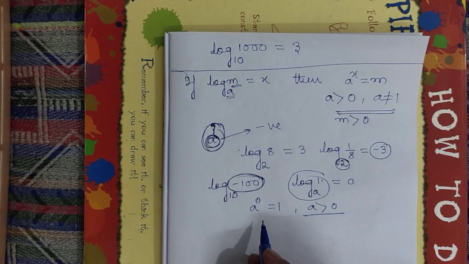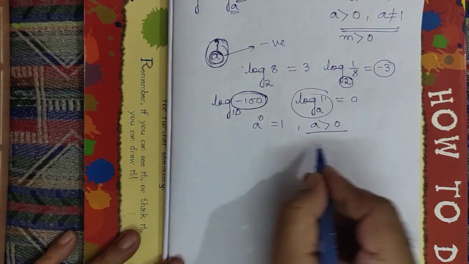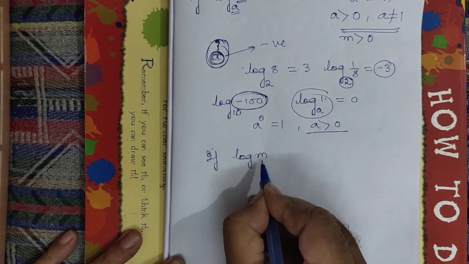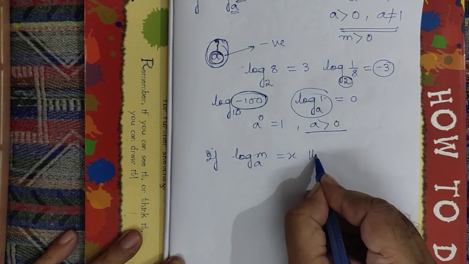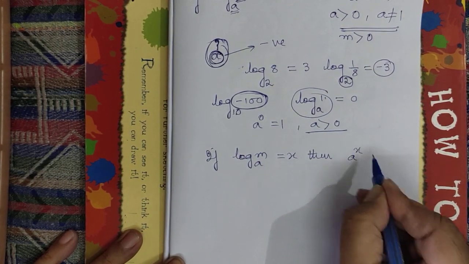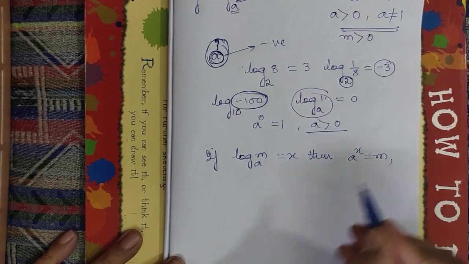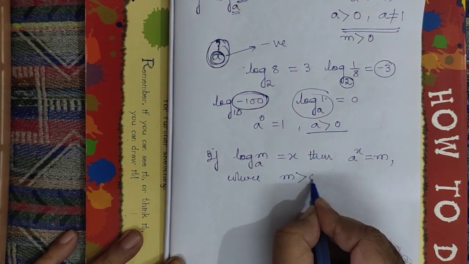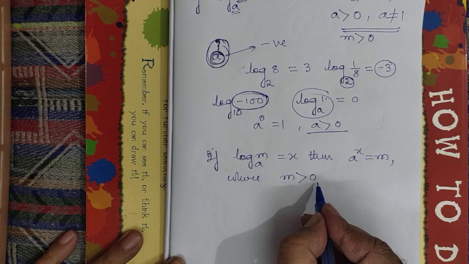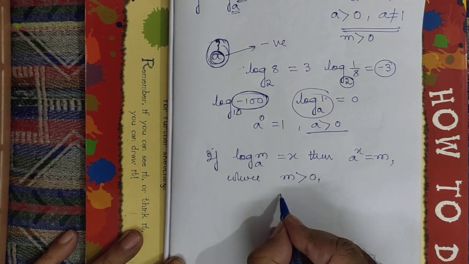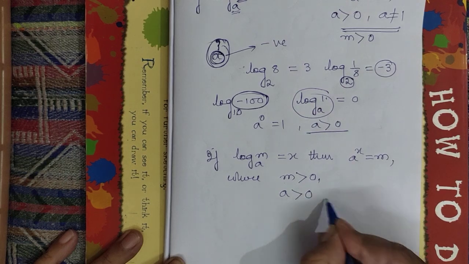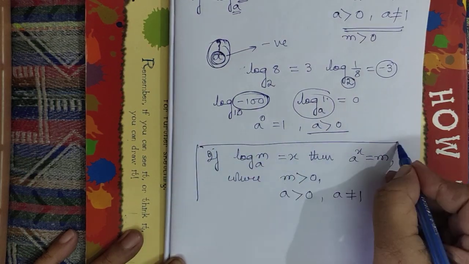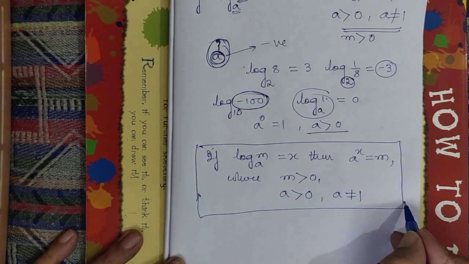So finally, I come to the conclusion that if log m base a equals x, then a to the power x will be equal to m, where m must be greater than 0, because m less than 0 will never be possible as a is positive. Secondly, a is definitely positive with the condition a is not equal to 1. So this is the final conclusion and definition of logarithm.